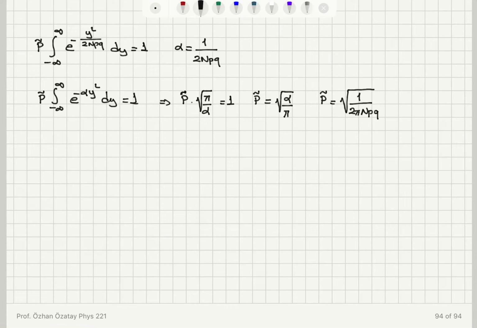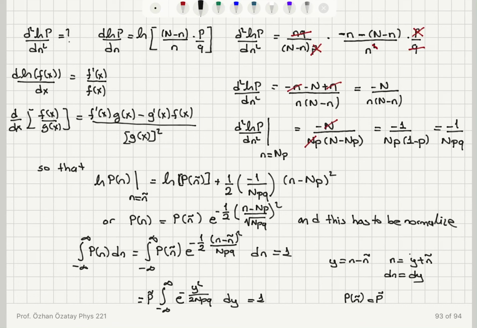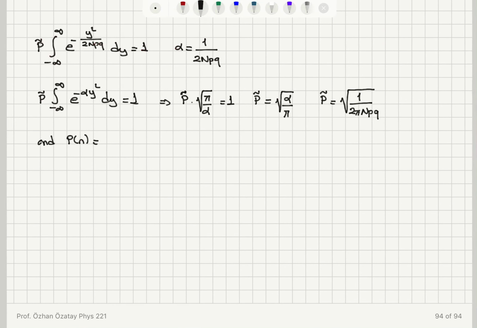So if I substitute that result into my probability distribution function, the probability distribution function, let's remember, is given by the probability at the extremum point n tilde multiplied by this Gaussian.